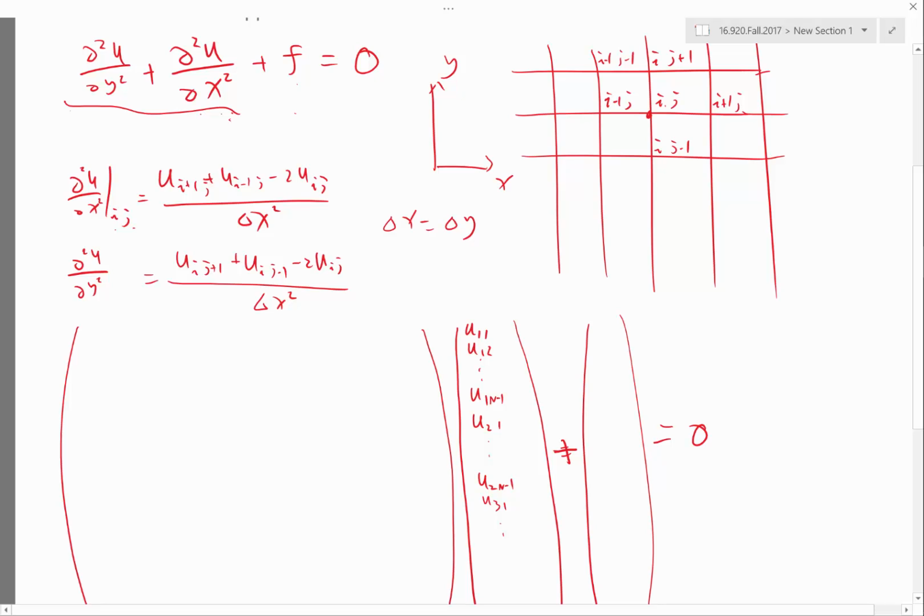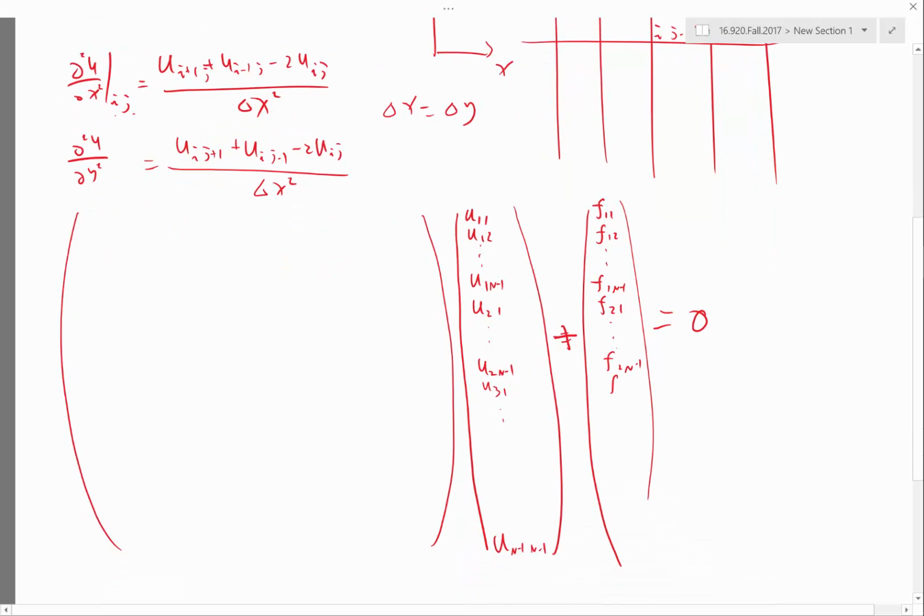So we want to use the same consistent finite difference approximation for f, which just means I want to just store the value of f at these grid points: f1,1, etc., f(n-1,n-1). Okay, so this is going to be my matrix equation. The only trick is how do we construct the matrix.